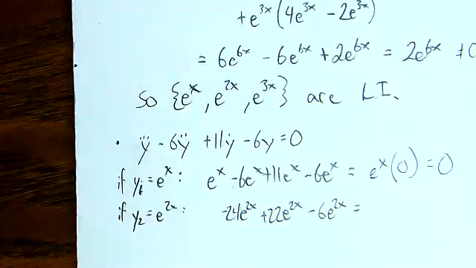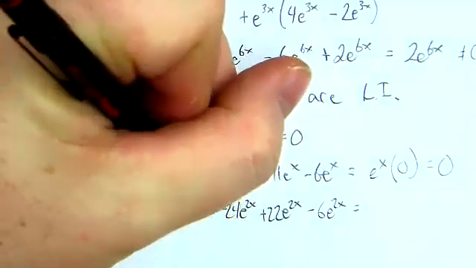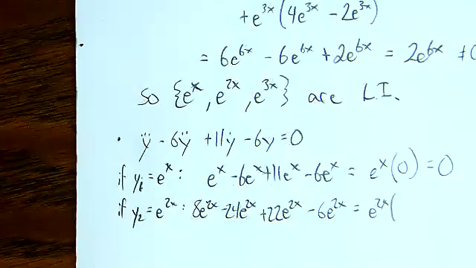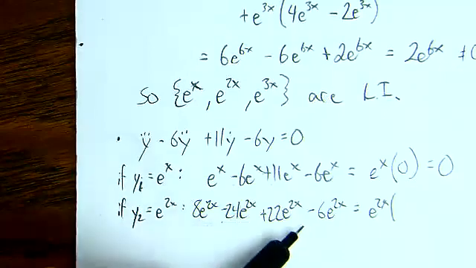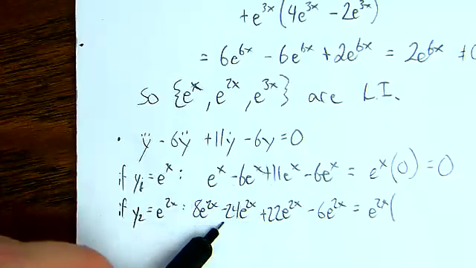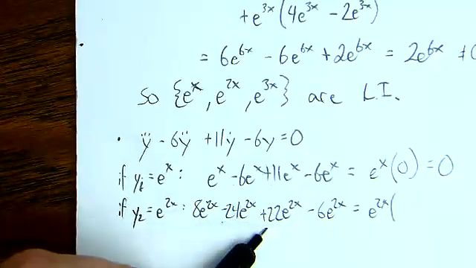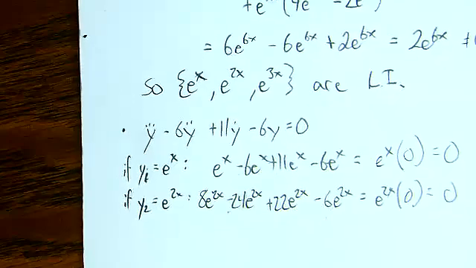And the third derivative, we had 2e to the 2x, 4e to the 2x, 8e to the 2x. And so we can factor out the e to the 2x from everything, giving us 8 minus 24, which is -16. Plus 22 is 6. Minus 6 is 0. So that solves this differential equation.